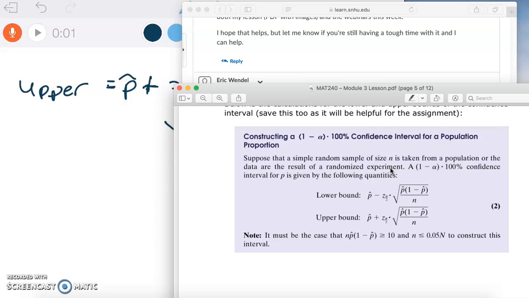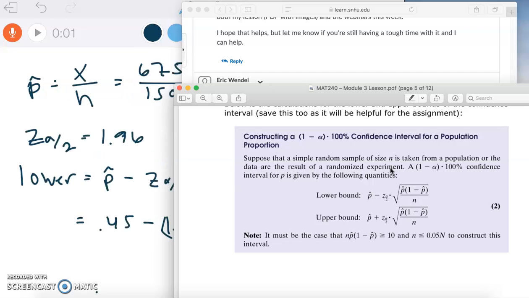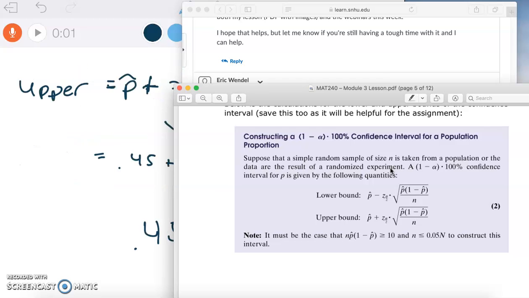So we have 0.45 plus 1.96 times the square root of 0.45 times 0.55 over 15,000, and I get 0.457962. So our lower bound is 0.442 if we round to the third decimal, and our upper would be 0.458.